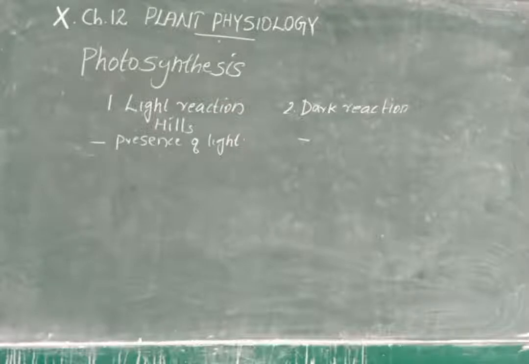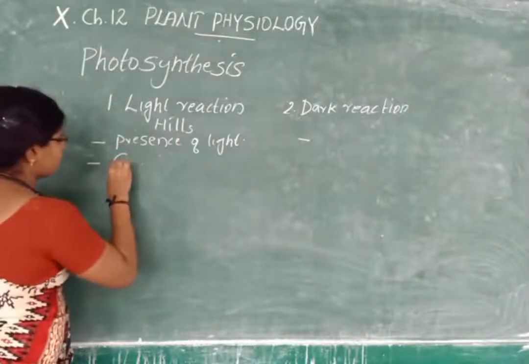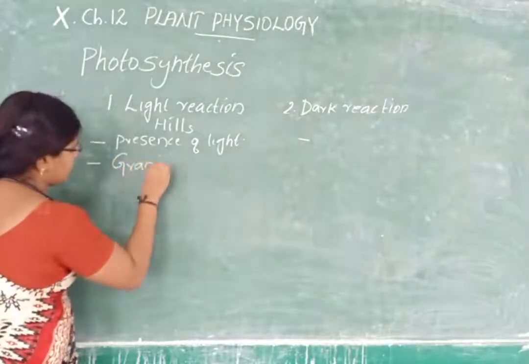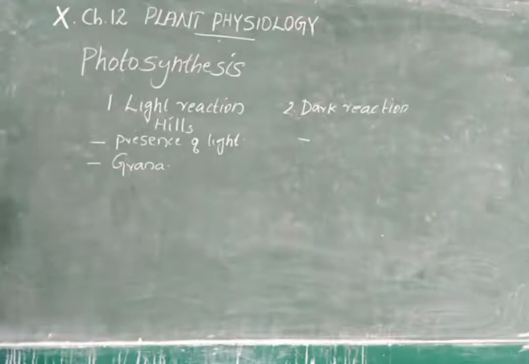This light dependent reaction takes place in the grana of the chloroplast. The photosynthetic pigments absorb light energy and convert it into chemical energy, that is ATP and NADPH.